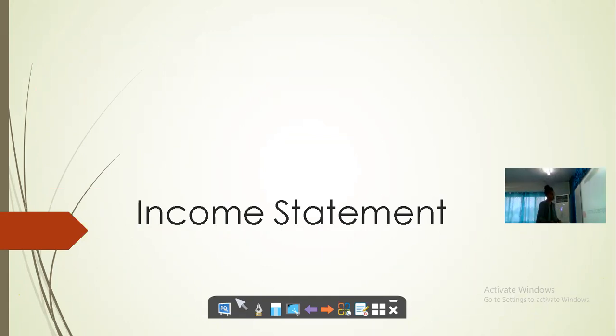Income statement. What's another name for the income statement? Profit or loss statement. Out of the four types of financial statements, which one is the most important?